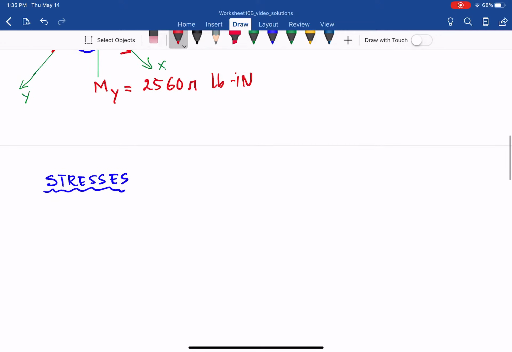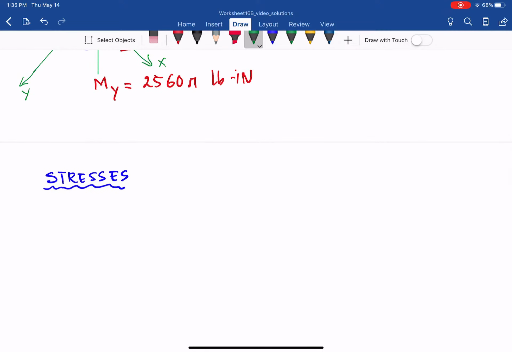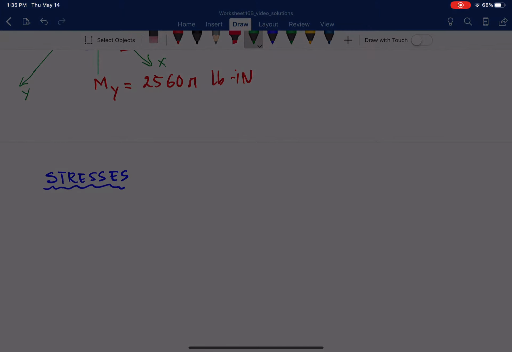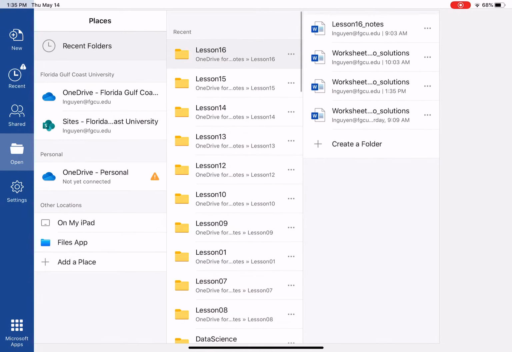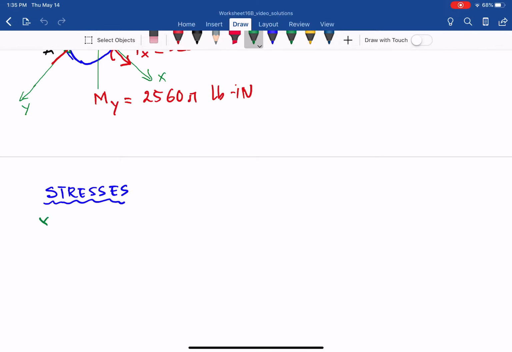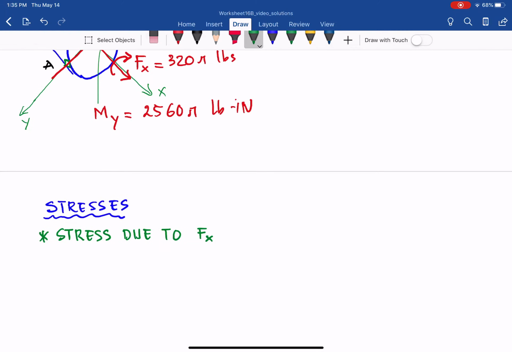The first one, we have the stress due to Fx, and Fx in that case is equal to 320 pounds. So what is that Fx?